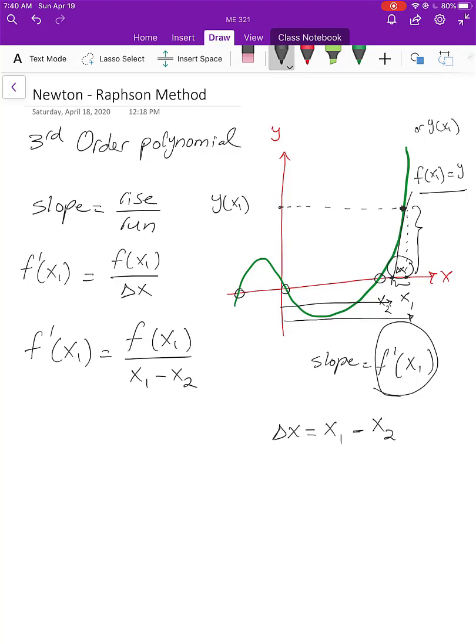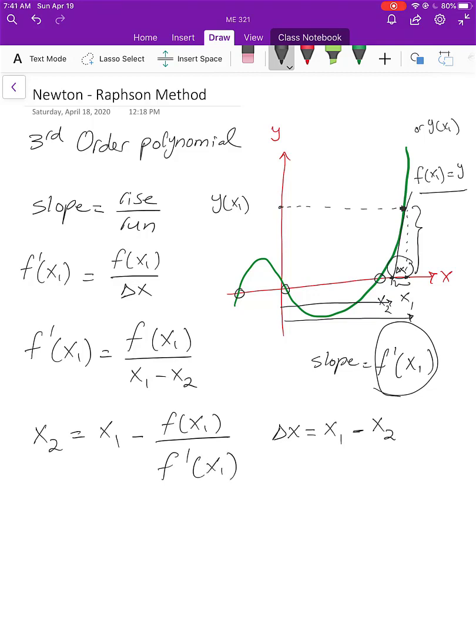Now we can rewrite this equation as x2 will be equal to x1 minus f of x1 divided by f prime of x1.